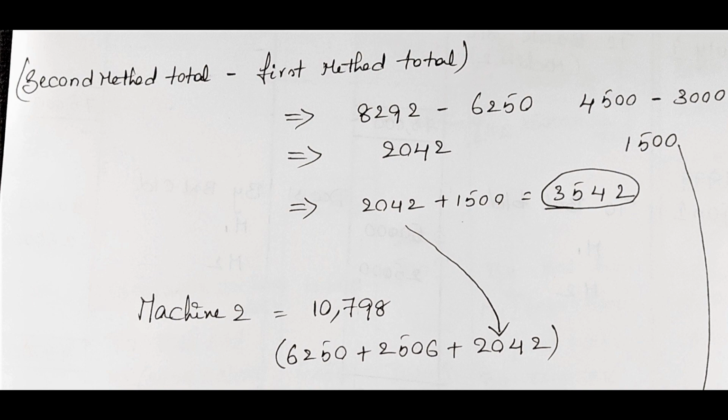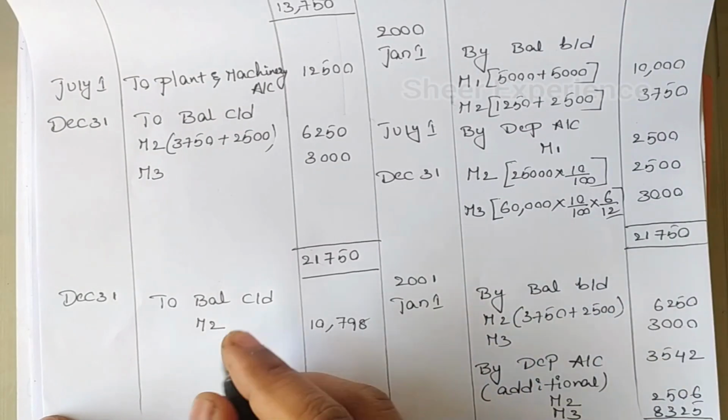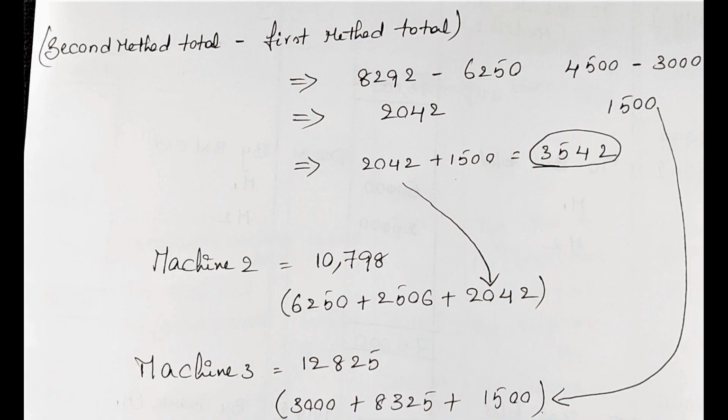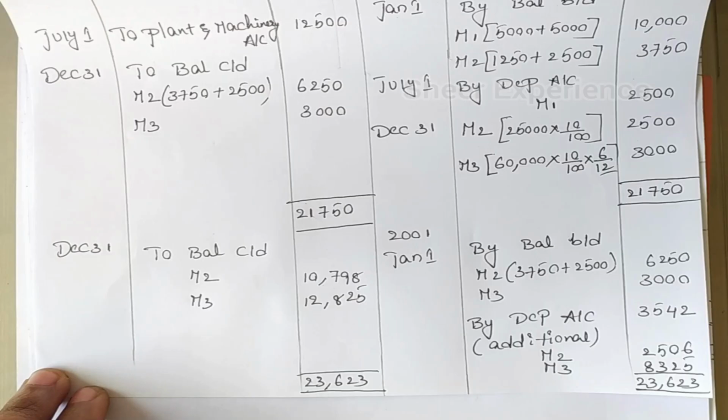This 2,042 is the adjusted depreciation amount. For mission 3, amount is 12,825, that is 3,000 plus 8,325 plus 1,500. Here also 1,500 is the adjusted depreciation amount.